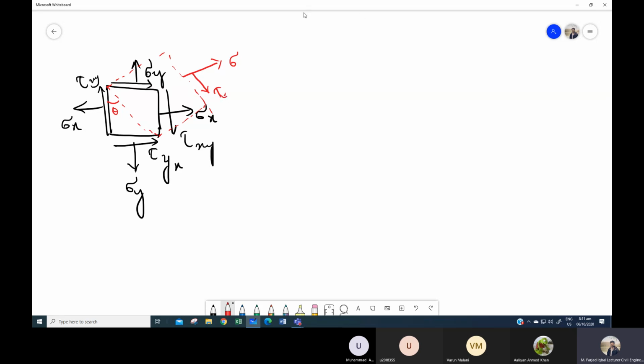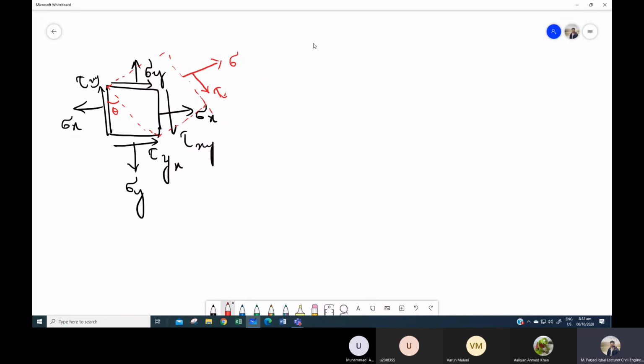Now these stresses on the inclined element cannot be determined directly. For example, for the straight stresses we have direct formulations: for sigma, that is My over I, and for tau, that is VQ over Ib. But for these inclined stresses, we need to develop some formulation. We have the stresses on the straight element: sigma x, sigma y, and tau xy.